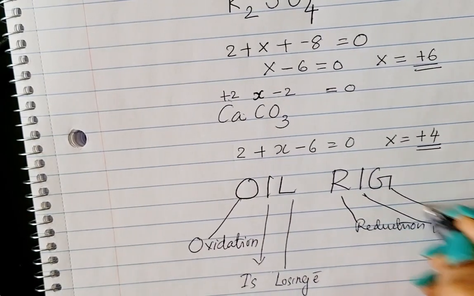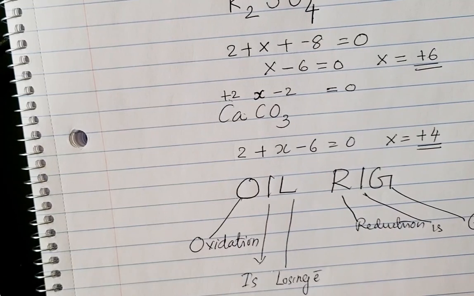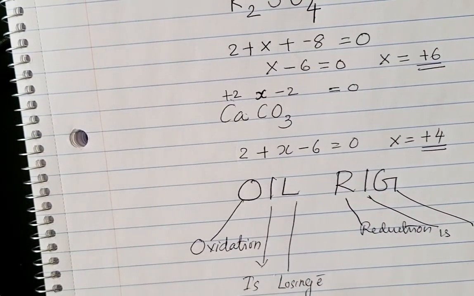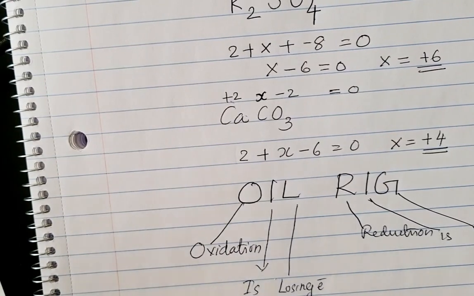Reduction is gaining electron. Oxidation is losing and reduction is gaining. Okay? OILRIG.